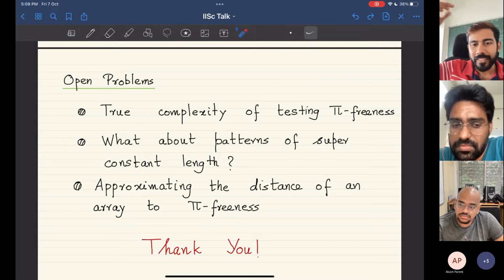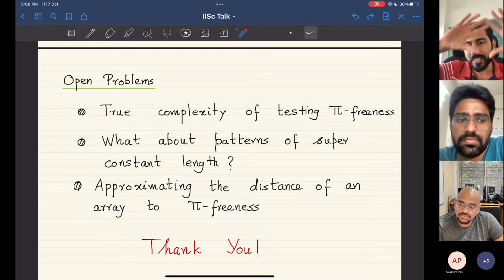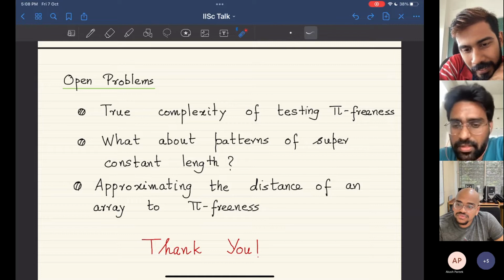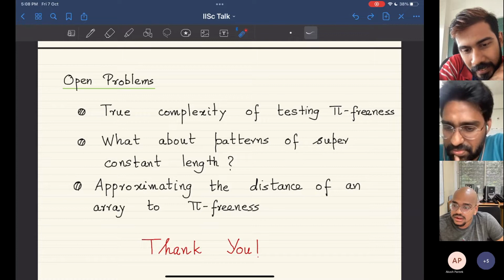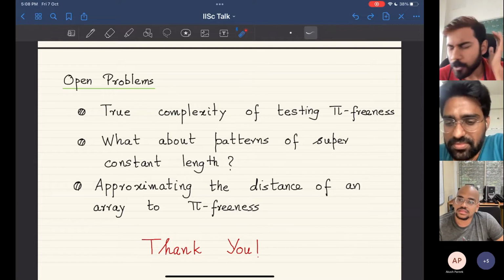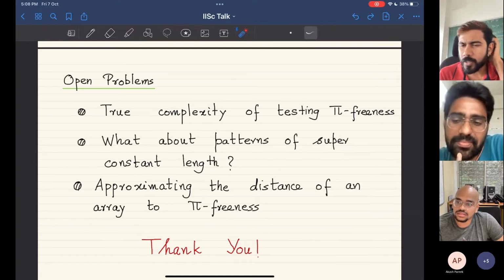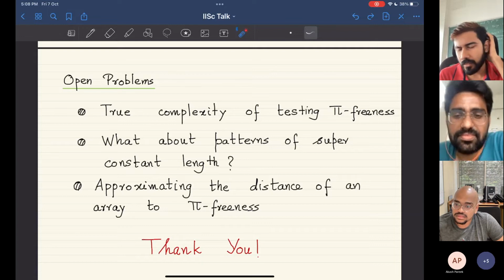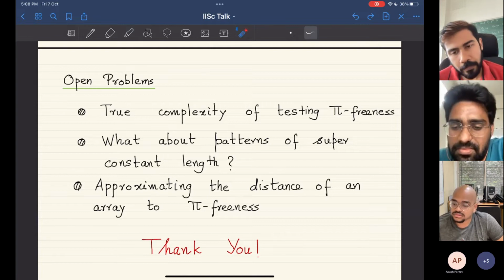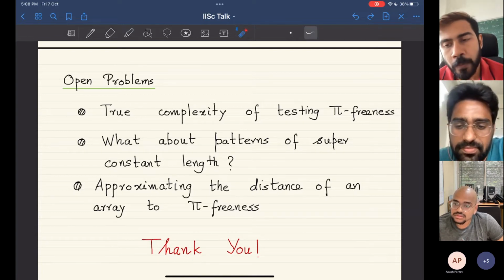But these huge powers of k sit inside that big O. So if, let's say, k is log star n, is this still less than linear time? Yeah, for slightly super constant k, our algorithm is still sublinear time. But we didn't try to optimize.